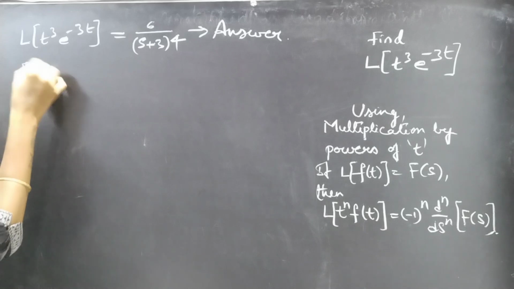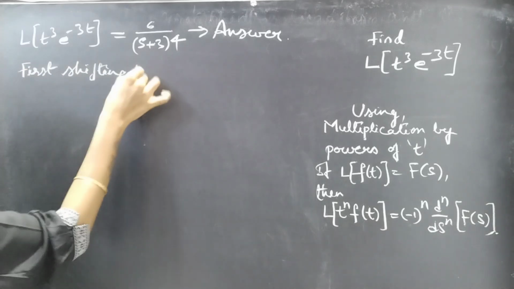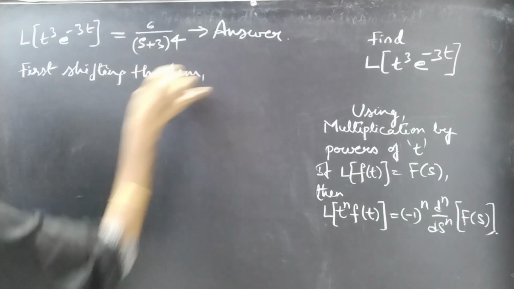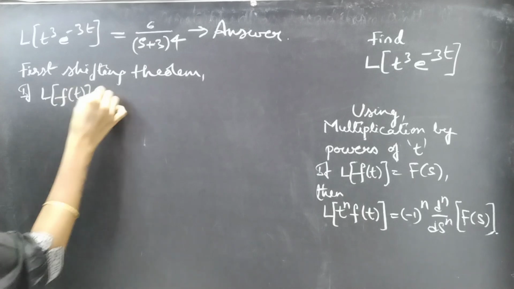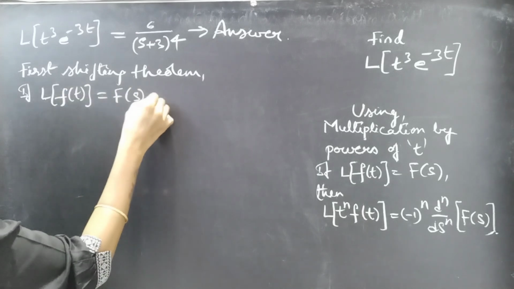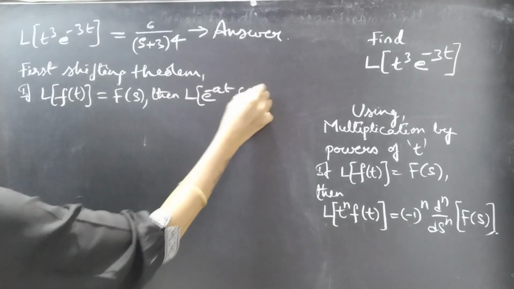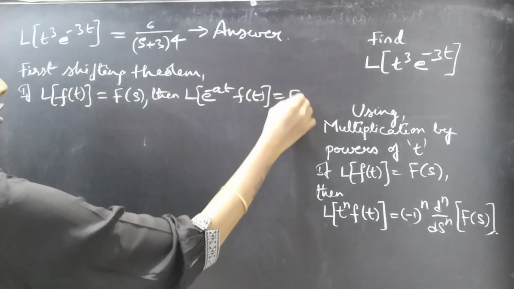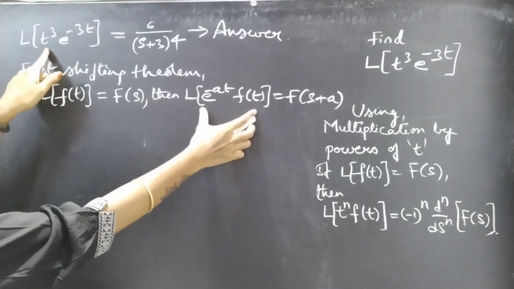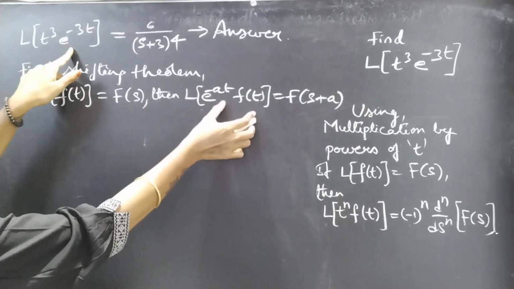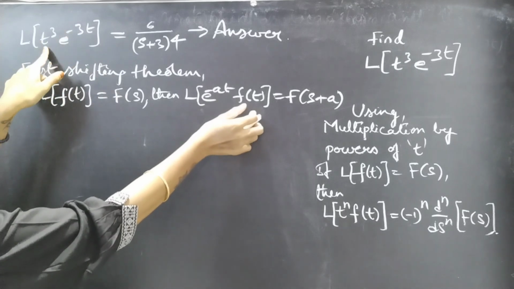First shifting theorem says that if L of f of t equal to f of s, then L of e power minus at f of t equal to f of s plus a. Let's compare L of e power minus 3t into t cube with L of e power minus at f of t.